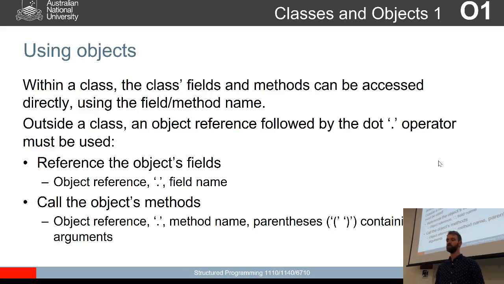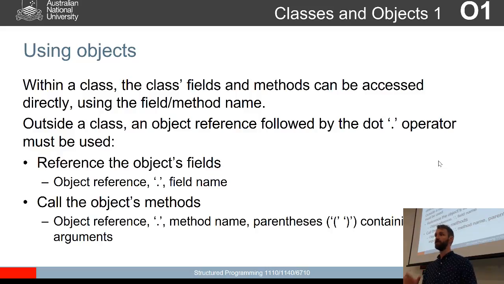Okay, how do you use objects once you've created them? If you're looking at code that's within methods written on the class, you can just access the fields and methods of your instance directly by using the name of that field or method. Outside of that class, you're going to need to qualify that call in some way.